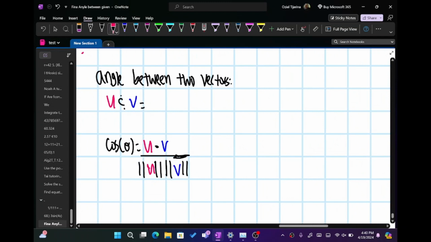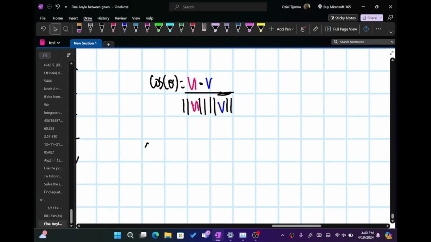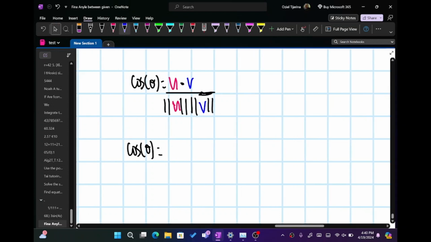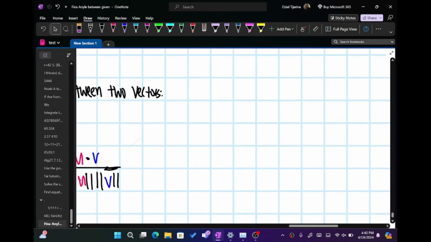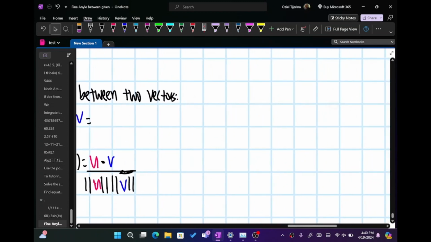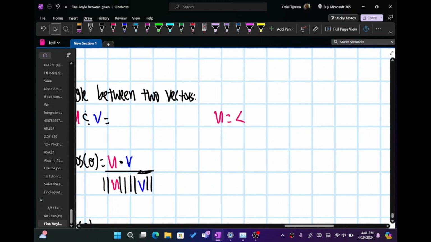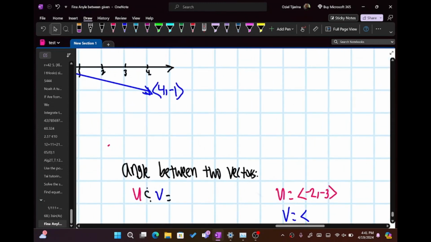So cosine of theta is u dot v over... And what I want to emphasize, guys, is that u is equal to the vector -2, -3, and v is equal to the vector 4, -1.